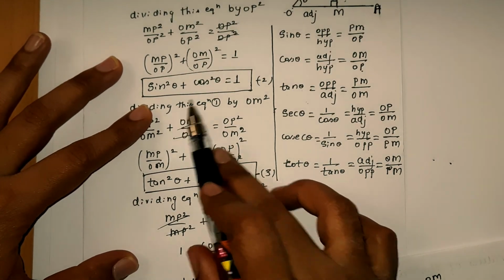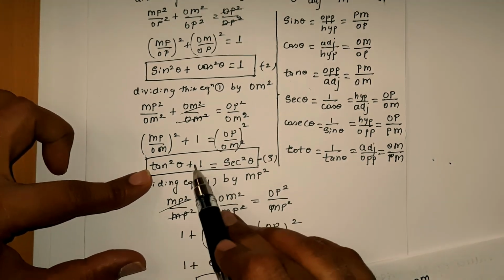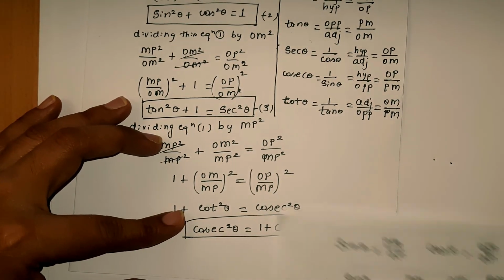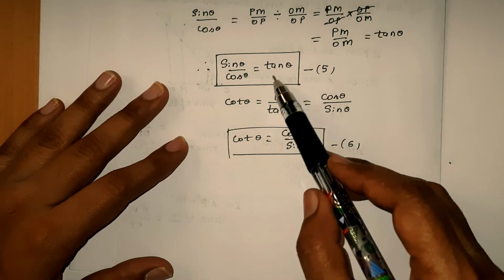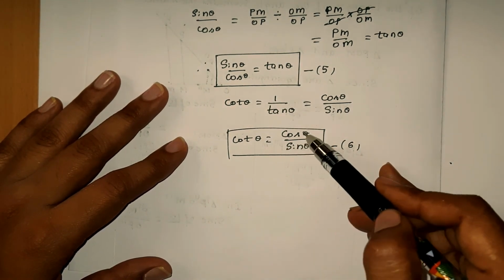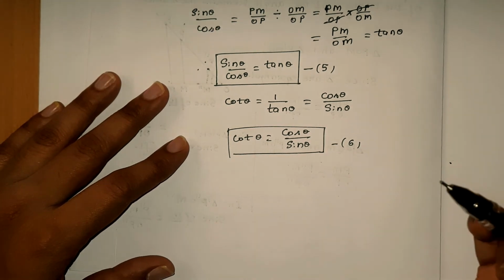Sin square theta plus cos square theta is equal to 1, 1 plus tan square theta is equal to secant square theta, 1 plus cot square theta is equal to cosecant square theta, tan theta is given by sin theta by cos theta, and cot theta is given by cos theta by sin theta.